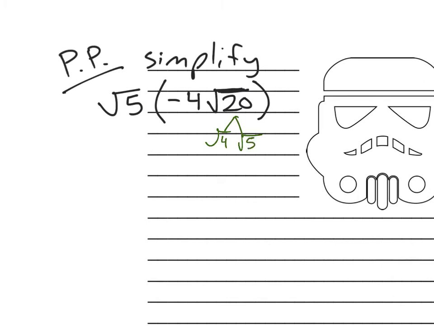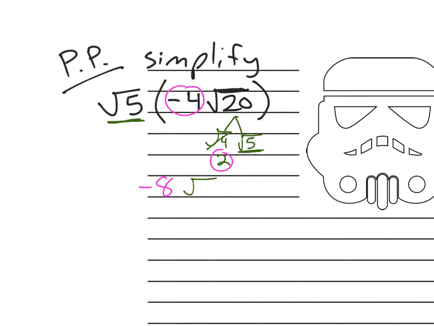And a lot of you did this. The 4 becomes a 2 on the outside and multiplies with the negative 4 already out here. So that becomes a negative 8. And a lot of you had that. And then the mistake happened in the last part. The 5 is still inside with this 5, and they're multiplying.